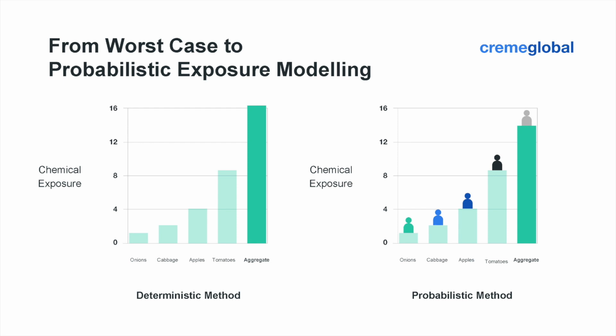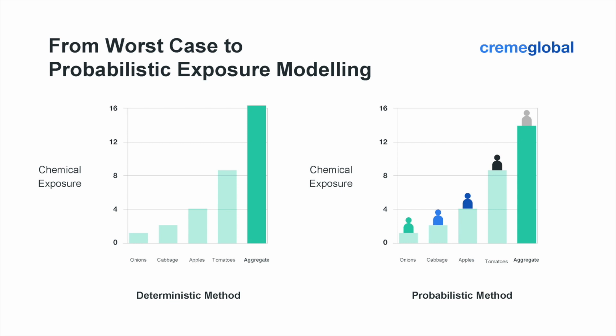In the deterministic model, the worst-case exposure levels from each category, and typically we look at the 95th percentile, are stacked on top of each other to give us the total exposure. That means that to calculate the aggregate exposure, we sum up the highest exposure levels from each subcategory.